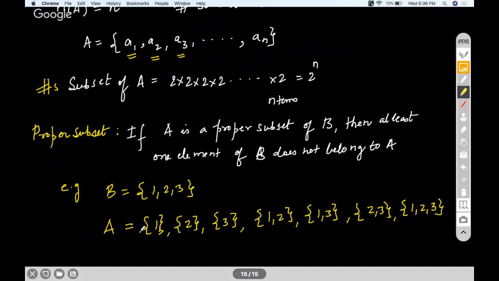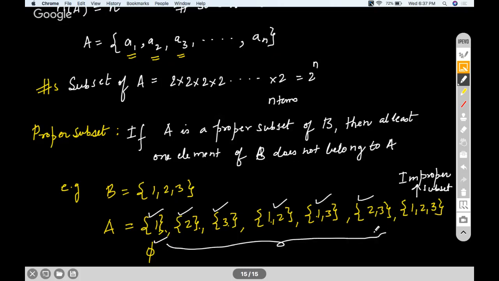It can also be a null set. So altogether there will be 8 subsets. 1, 2, 3, 4, 5, 6, 7, 8. Out of this, 1 2 3 is called the improper subset because it has got all the elements of set B. And all the remaining ones, which I'm marking with a tick mark, are proper subsets. So these all are proper subsets.